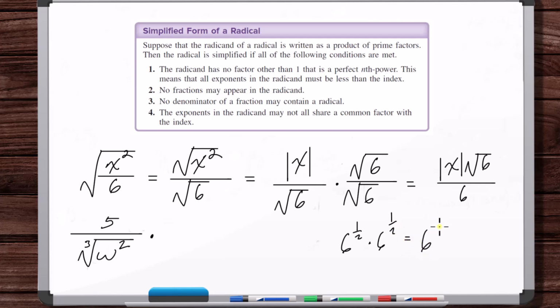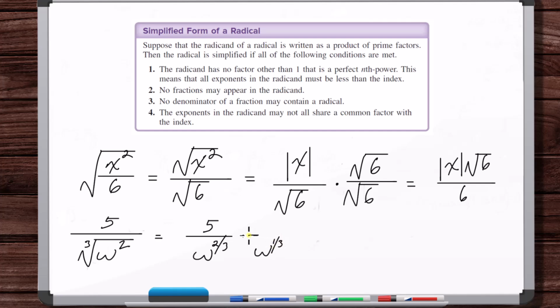You get rid of any rational exponents in the denominator. So that's the goal here. What we're trying to do is get rid of that rational exponent in the denominator. And so how do we do that? Well, we need these exponents to add to 1.